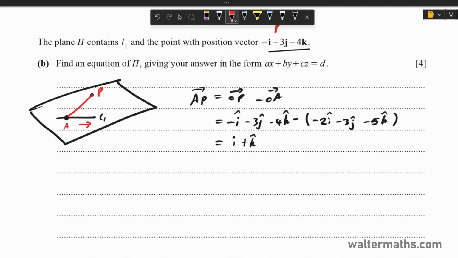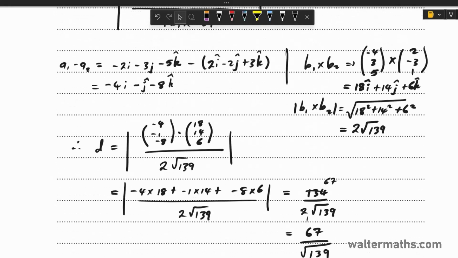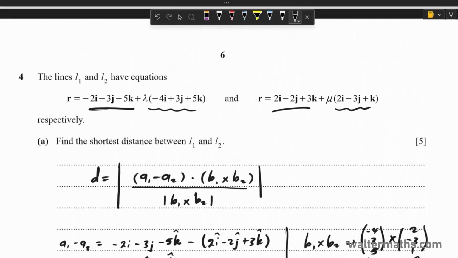The vector product of the two vectors, the i plus k vector we've gotten, and the direction vector of L1. The direction vector of L1 is minus 4i plus 3j plus 5k.